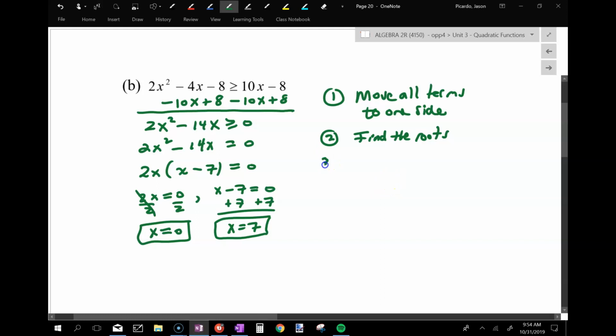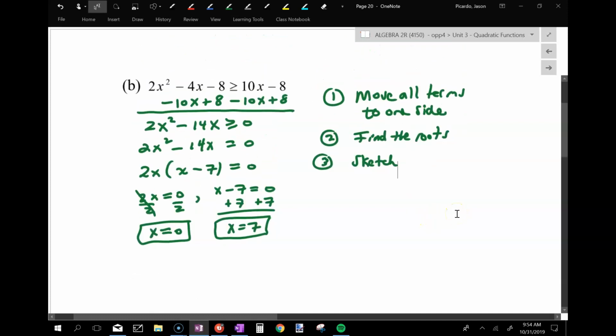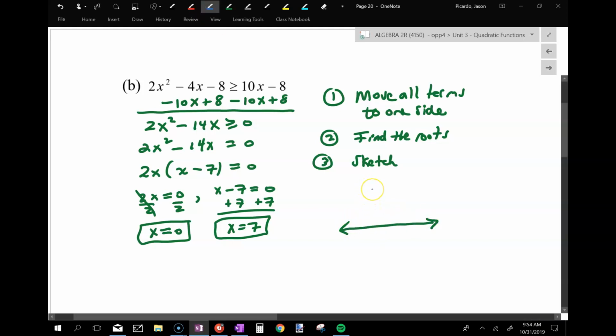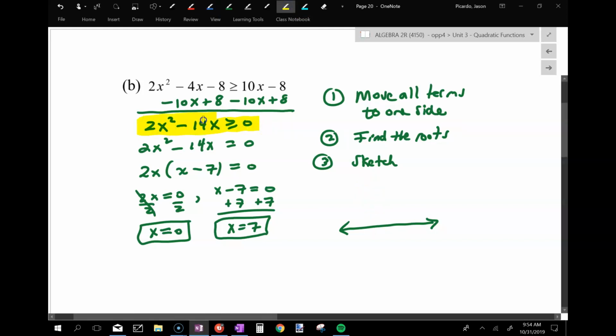And now I need to create my quick sketch. Happy or sad again, right? Looking at this, 2x squared, 2 is positive, so definitely a happy parabola.